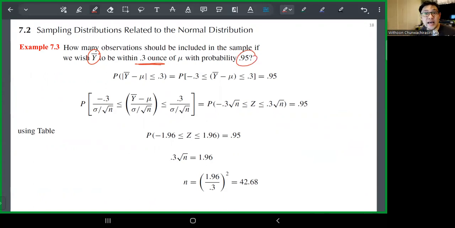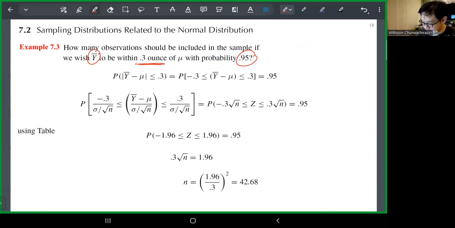I want a 95% level of confidence, to be 95% sure that the y bar of the sample that I take is going to fall within 0.3 ounce of the true mean. Now the question is reverse: how many samples should I pick from the factory?